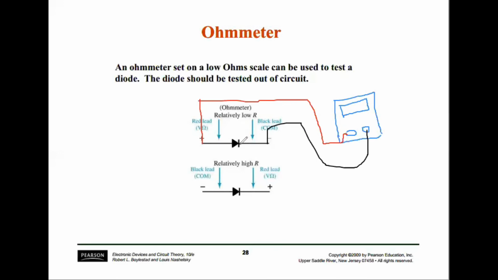So now here the diode is forward biased, and it will have like a short circuit, or a very small amount of resistance.